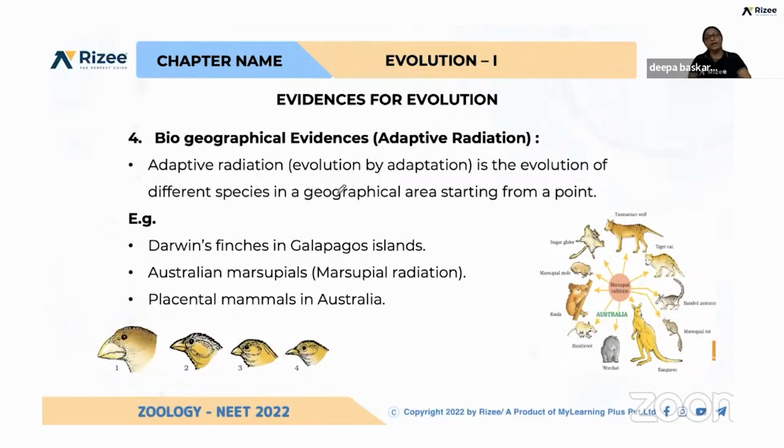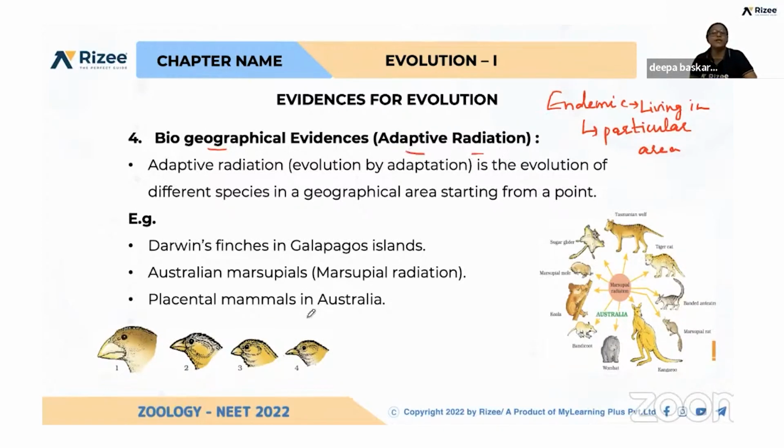Here also you should remember the examples. What do you mean by biogeographical evidences? I think you know what endemic is. Endemic organisms live in a particular area. Biogeographical evidences show how organisms have evolved.